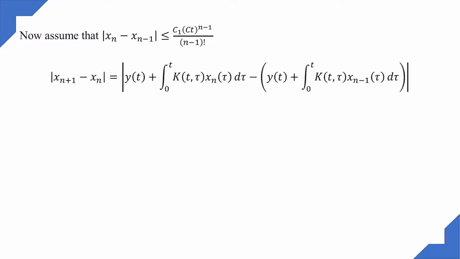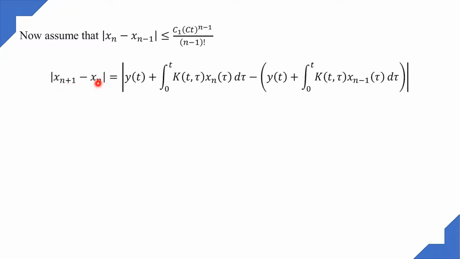Now I'm assuming that the absolute value of x(n) minus x(n-1) is less than or equal to c1 times (ct) to the power n minus 1 divided by n minus 1 factorial, and I will check what is an upper bound for the absolute value of x(n+1) minus x(n).